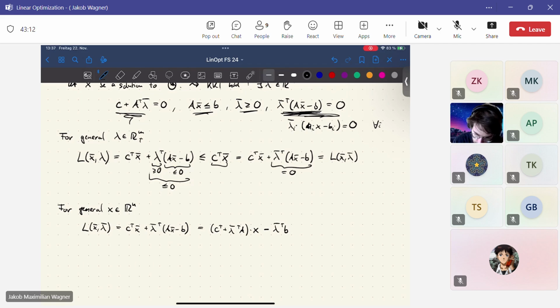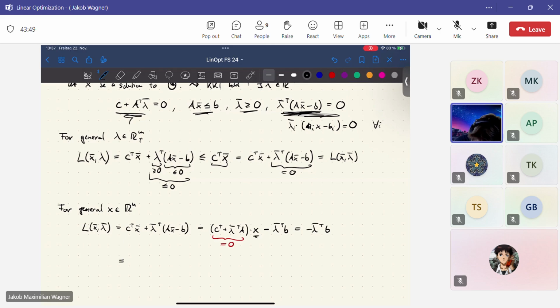And again, from the KKT conditions, we have seen that this C transpose plus lambda transpose A, which is just this condition, if we transpose it, this factor is equal to 0. This is again equal to 0. And so we can again leave it out, and then we have just lambda transpose B. But because this multiplier is equal to 0, we can just add this term again, but now with x bar instead of x here.